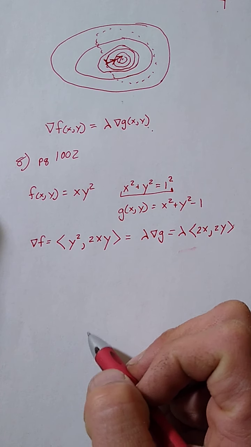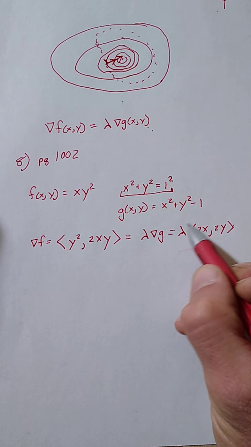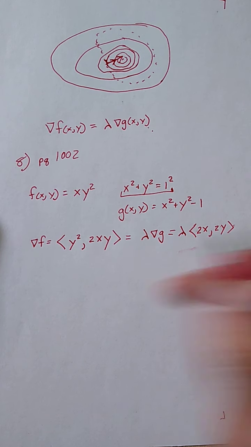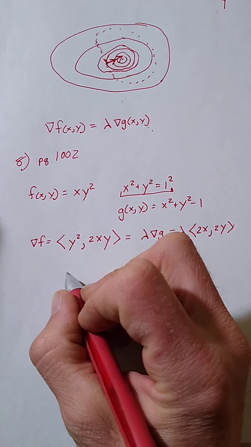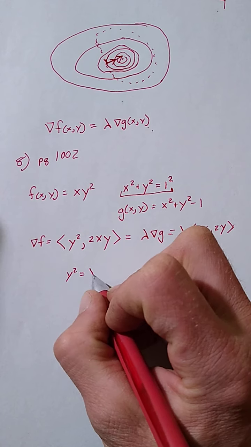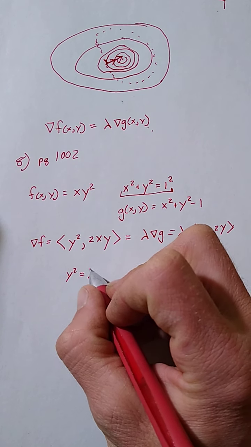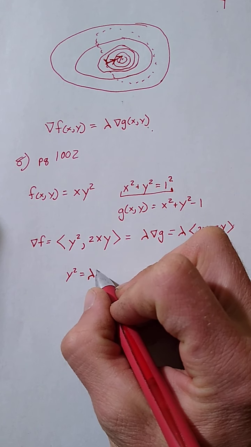Okay, so now if we were to write this out, since this is a scalar multiple, we can just scalar multiply it into both of the components, and this yields the two equations. So the x component has to equal lambda times the x component.